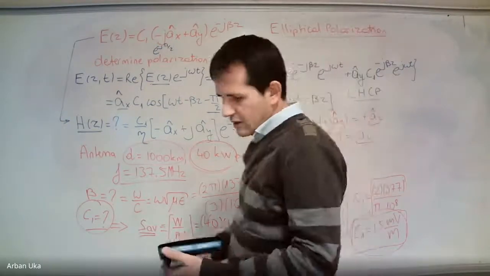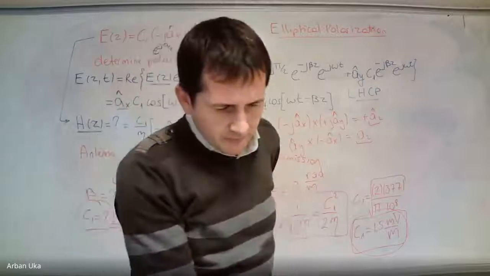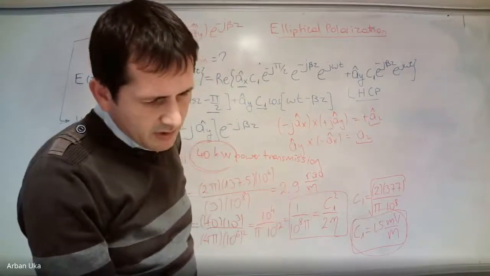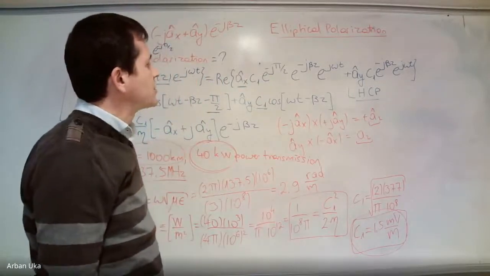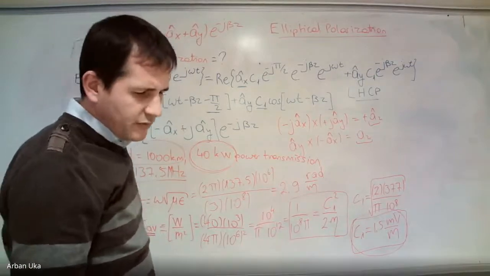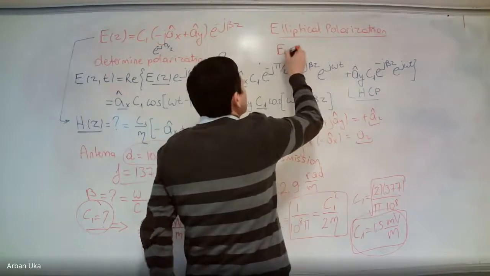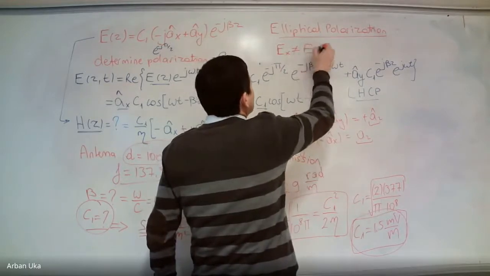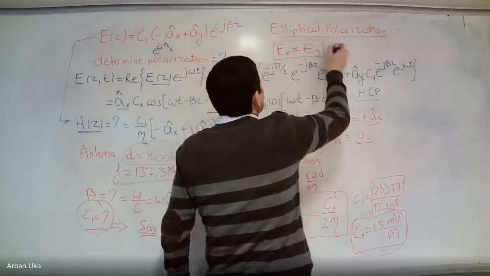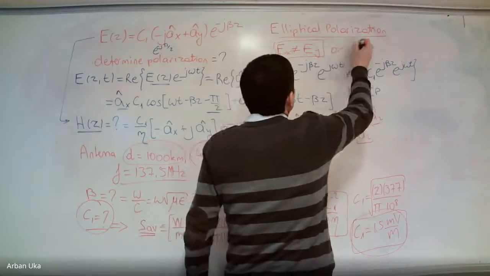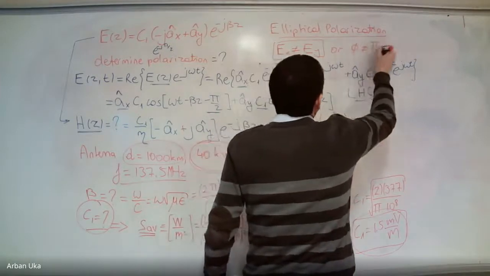elliptical polarization. Now, elliptical polarization is going to be very similar to circular polarization, but the conditions will be the following. It's going to be either Ex is different from Ey, or the phase difference is different from pi over 2.